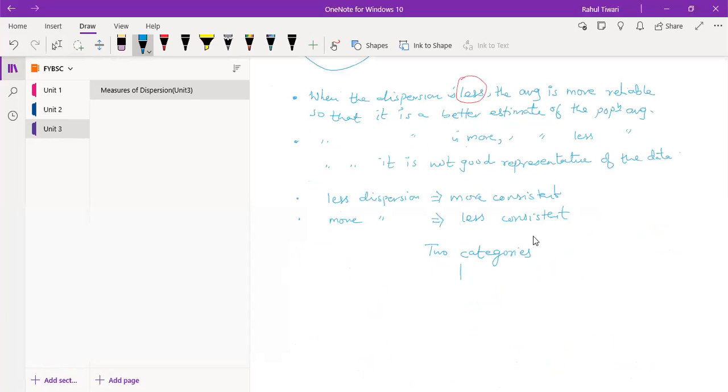The first one, I can say, is absolute measures, and the second one is relative measures.